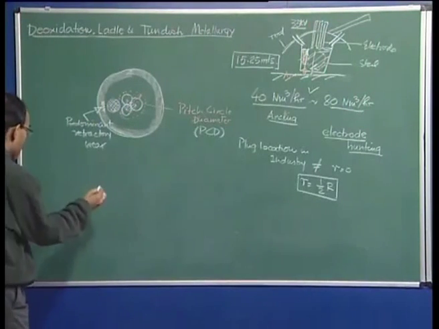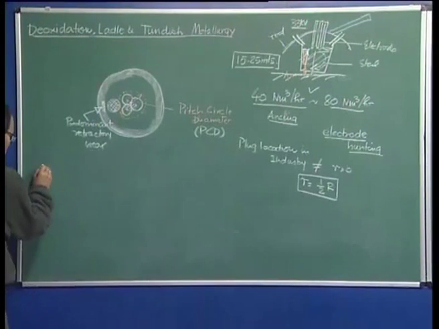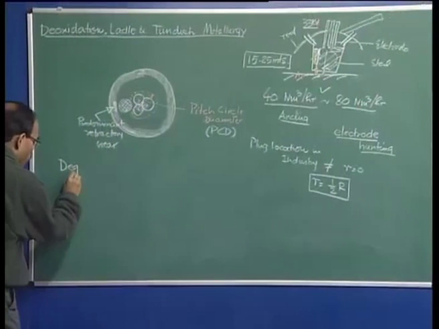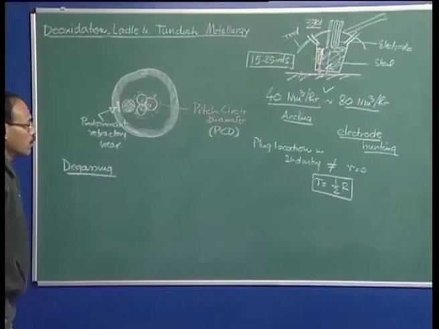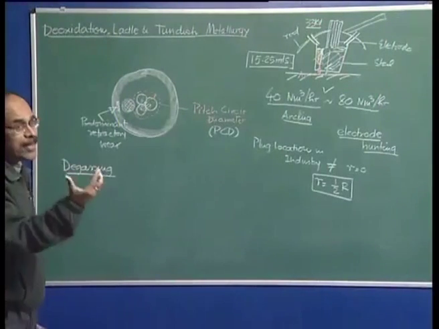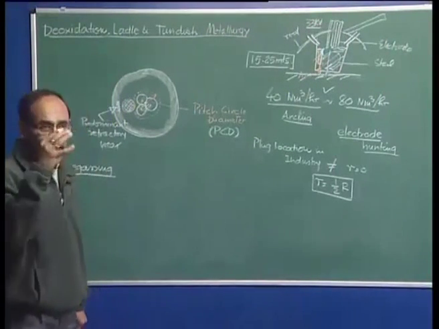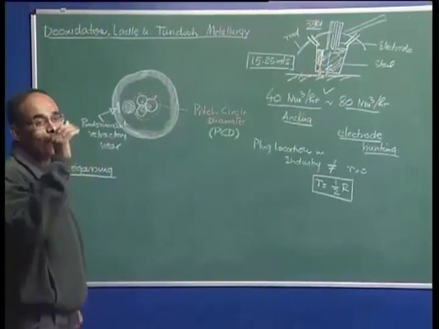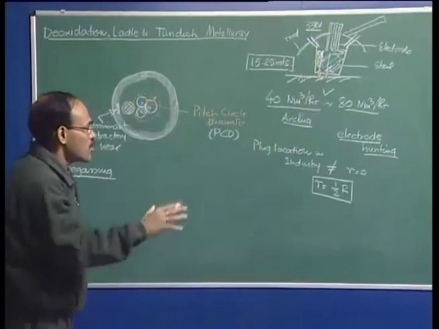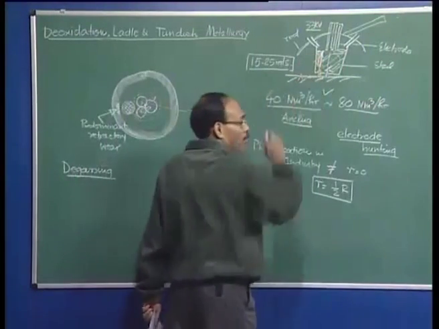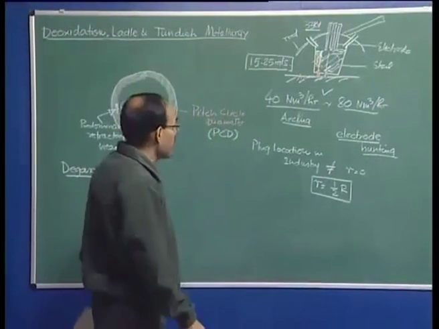The next important topic for us is degassing. So, the drop in temperature in tapping, because of holding, the drop in temperature because of melting and dissolution processes are going to be compensated through treatment in the ladle furnace.